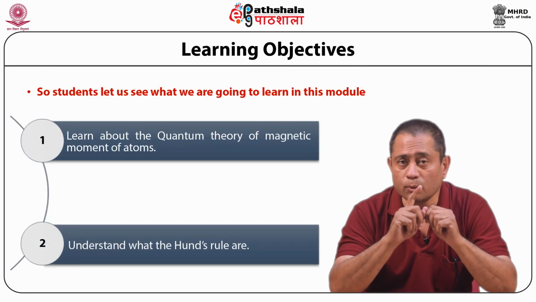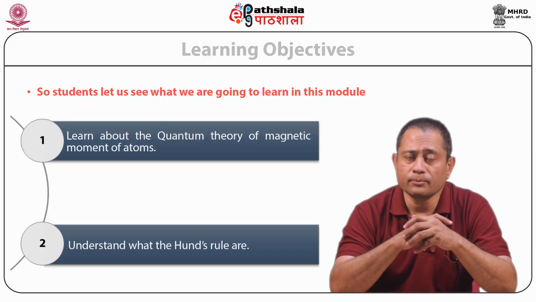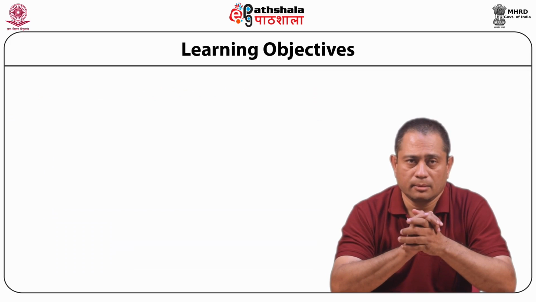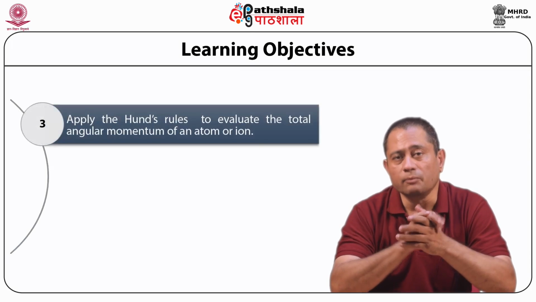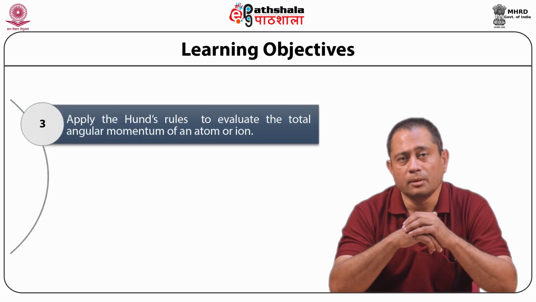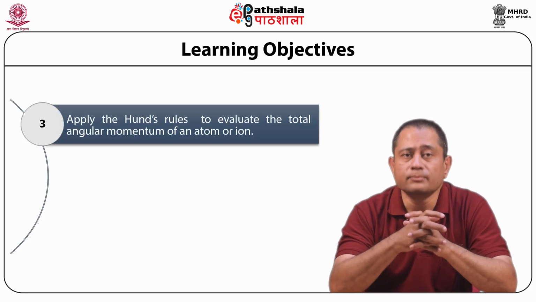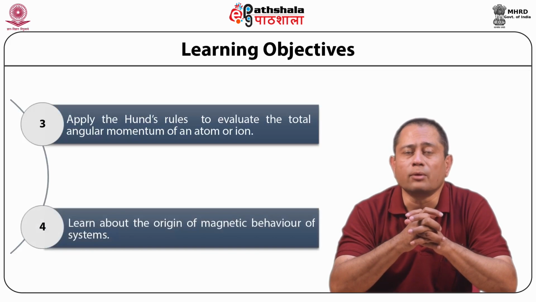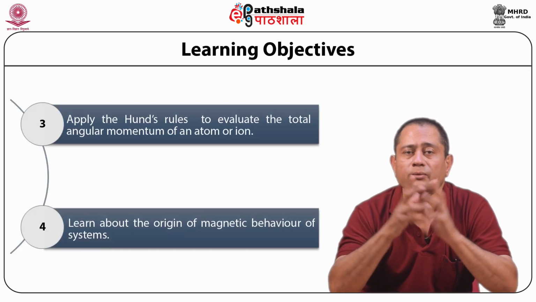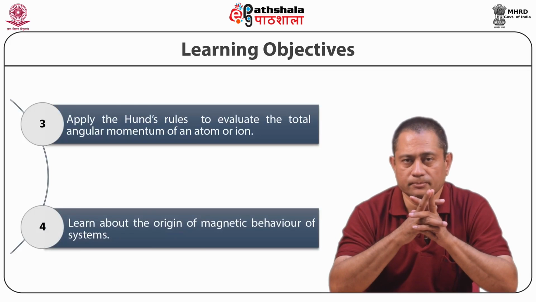Understand what Hund's rules are, and then apply Hund's rules to evaluate the total angular momentum of an atom or an ion. And finally, learn about the origin of magnetic behavior of these systems.